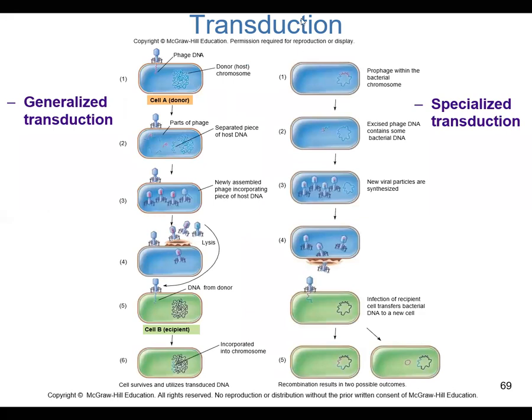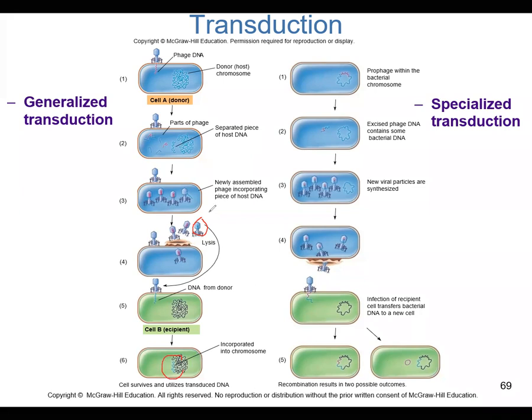And they're showing you that in this slide here. Pieces of the host genome get incorporated into the capsid, and then get inserted into the new one. And again, they're showing you over here.